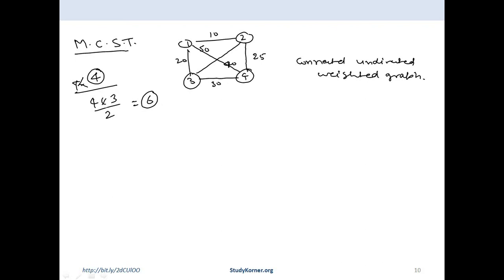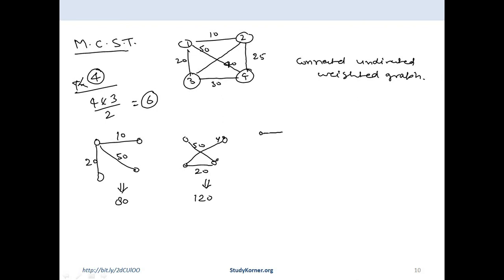So suppose the first spanning tree can be drawn as this one. So this contains the edge weight 20, this contains the edge weight 10, this contains the edge weight 50, and the cost for this spanning tree is 80. Similarly, I can draw another spanning tree for the same graph. Now this is 40, this is 50, and this is 20, and the cost for this spanning tree is 120.